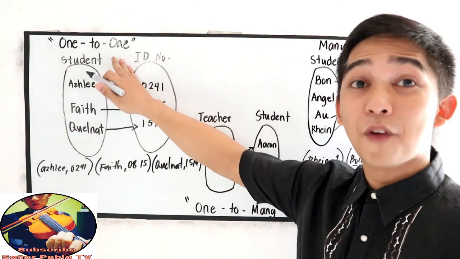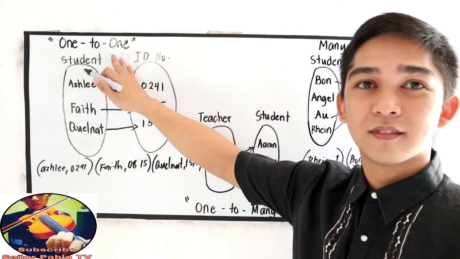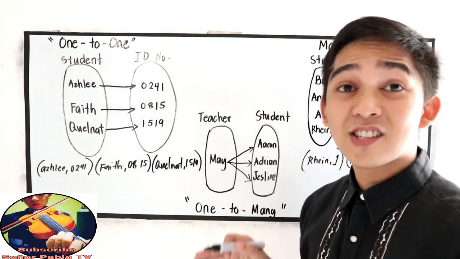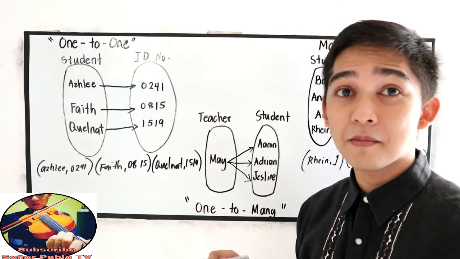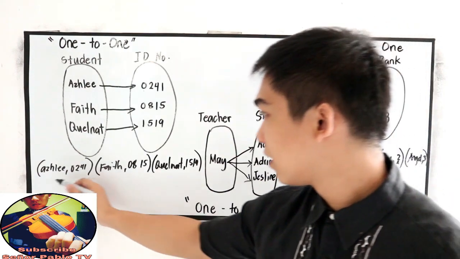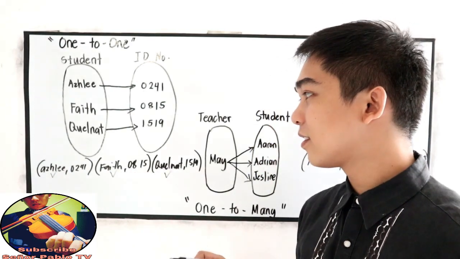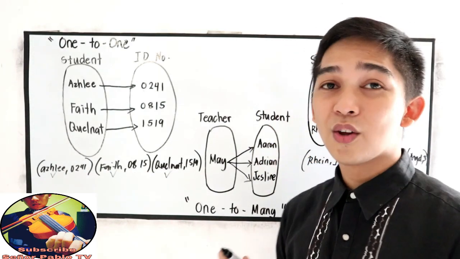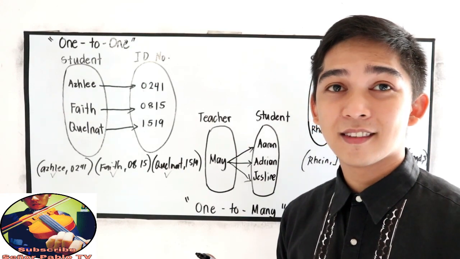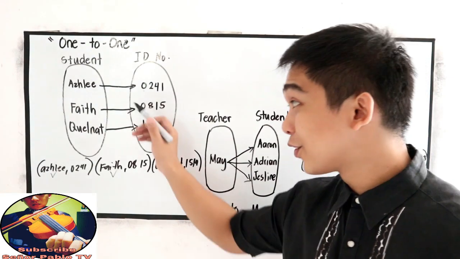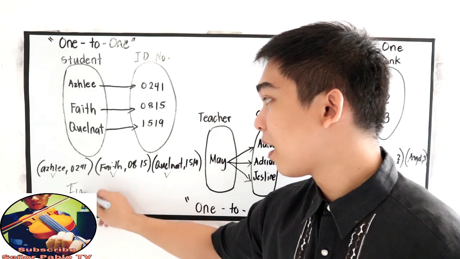One-to-one, function or not? Let's check the domain. So the domain must not be repeated. So for Ashley, Faith, and Kelnat, no element in our domain is repeated. So one-to-one is a function.